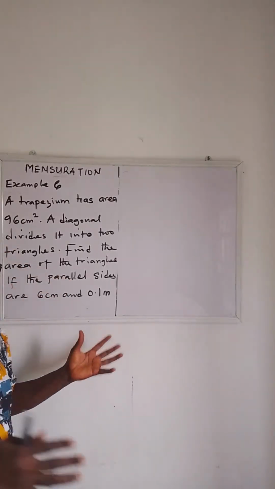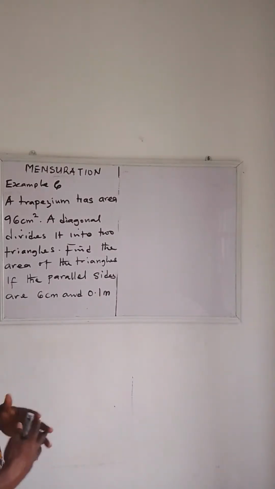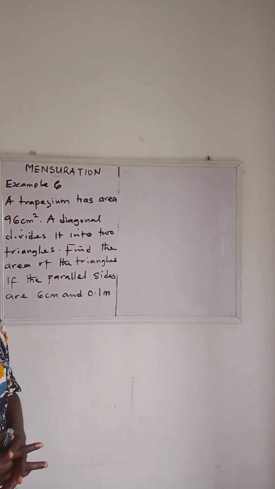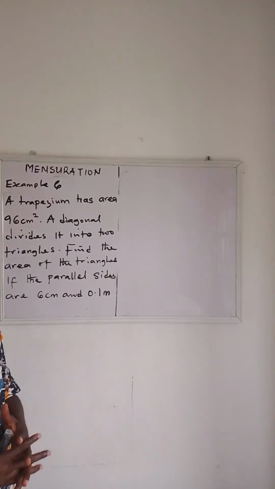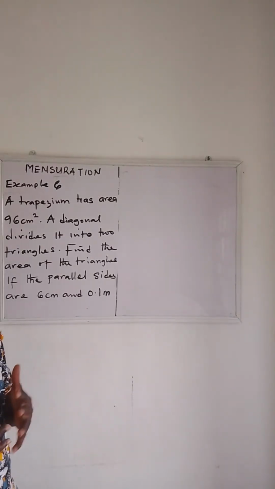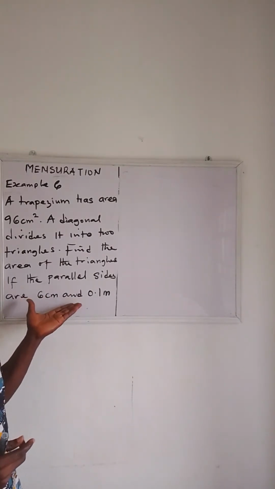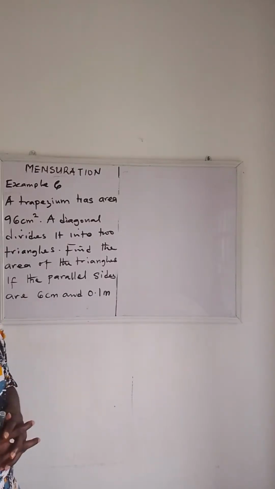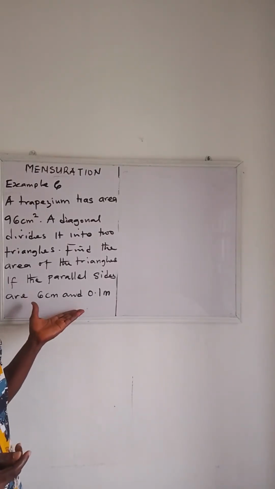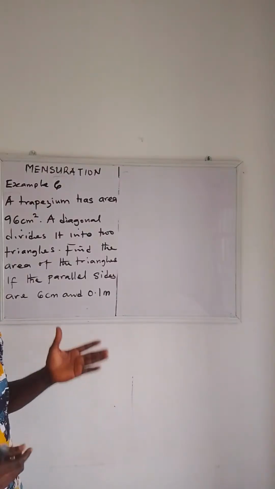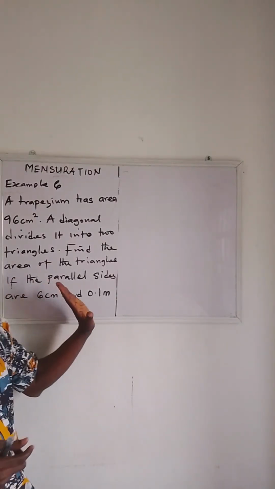So I can see someone asking, is it for SS1, SS2? Let me tell you one thing. If you are in SS3, this class is meant for you because these are basic questions. They are WAEC questions. You just observe that even many students in SS3 cannot solve problems like this.